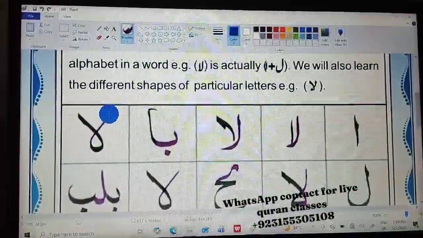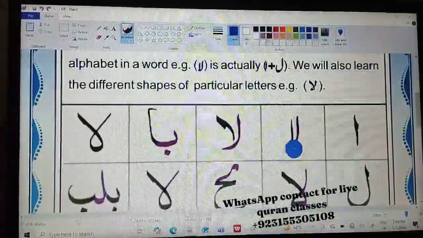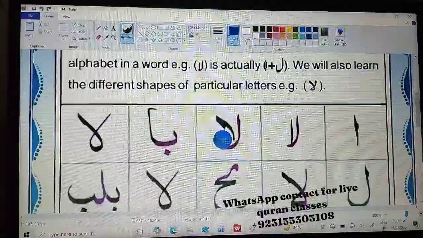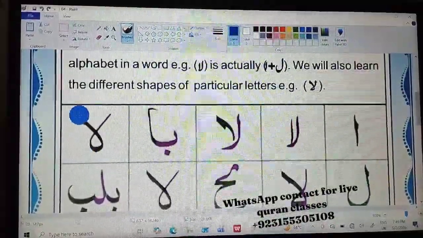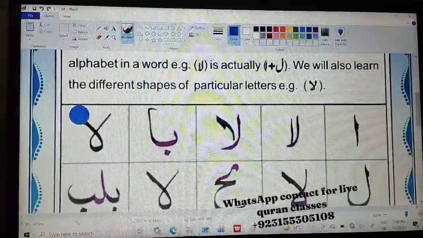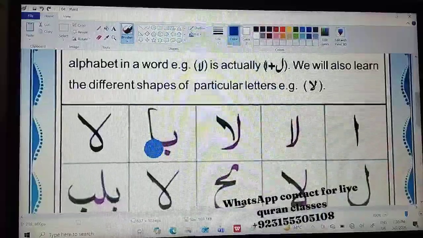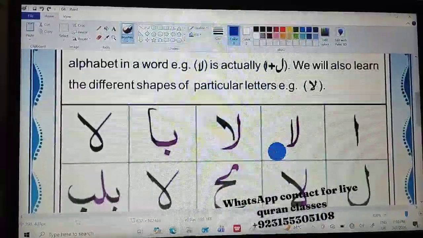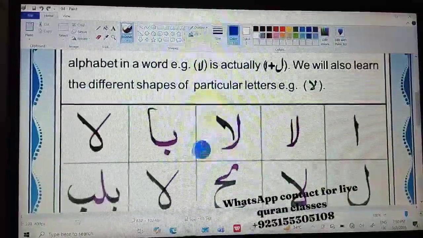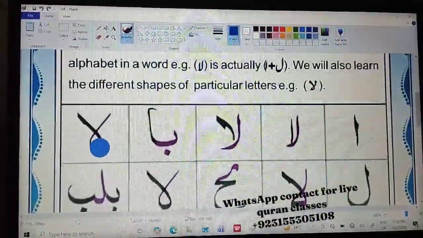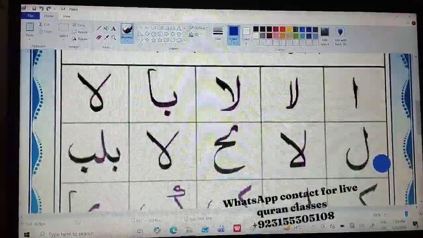You see in this first line, this one is Lam Alif, and again this is also Lam Alif, and the last one is also Lam Alif. You see in this first line three different shapes of Lam Alif.